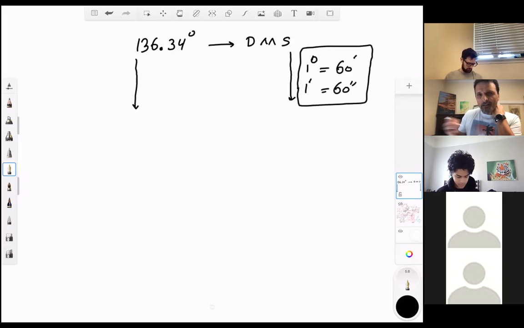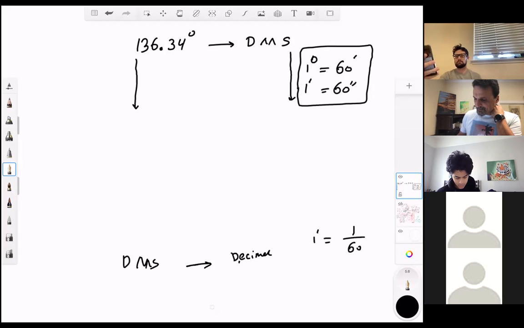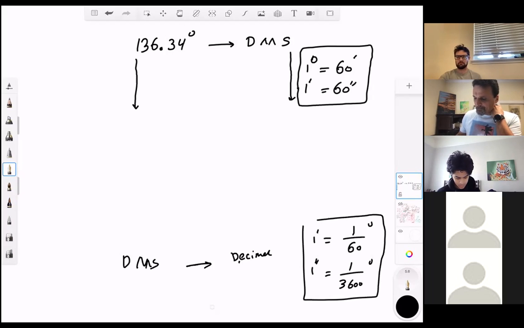But if we go the other way, from DMS to decimal, we do 1 minute equals 1/60 degree and 1 second equals 1/3600 degrees, correct? So now we clarify something. You don't even look at this if the question is this way.